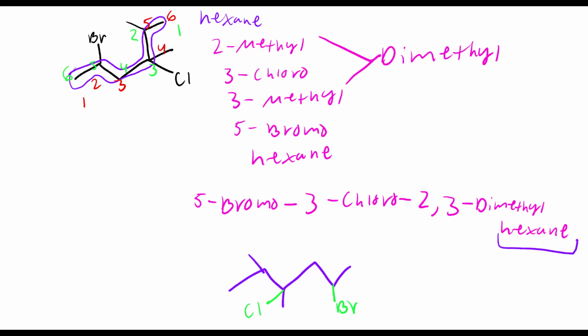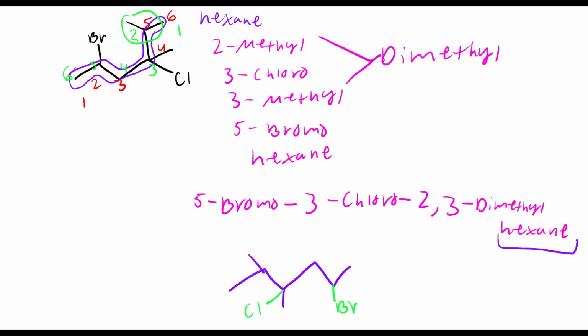The reason why C is correct is because we have a 5 bromo, and the reason why D is incorrect is because it has a 2 bromo. I'm sorry, I'd rather have a 3 chlorine and a 3 methyl compared to a 4 methyl and a 4 chlorine, because overall this methyl group is going to be 2, and I don't want a 5 methyl.